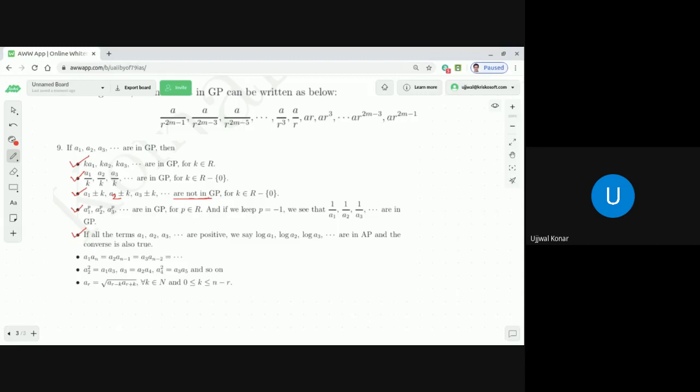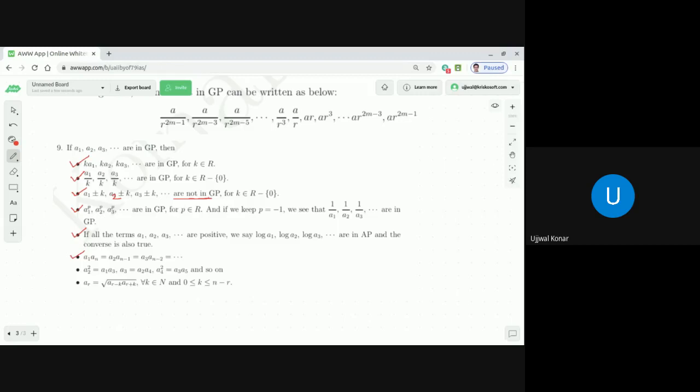And also, as an analogy of the arithmetic progression, if you multiply the first term and the last term, the second term and the last but one term, the third term and the last but two term, their product should all be constant. That is A1 into An, A2 into An minus 1, A3 into An minus 2, equal to A4 into An minus 3, and so on. You understood, no, dear students? Yes. Okay.